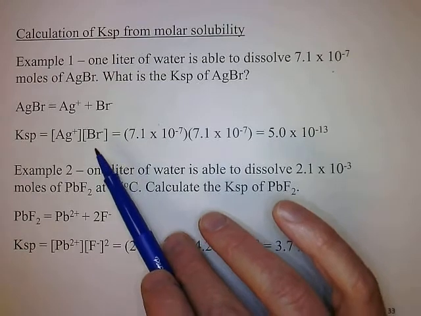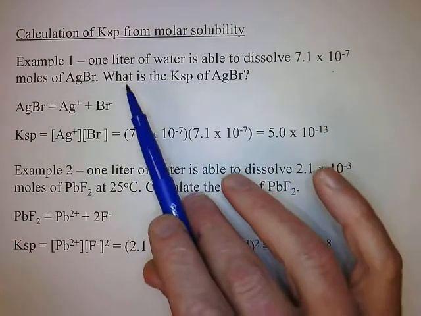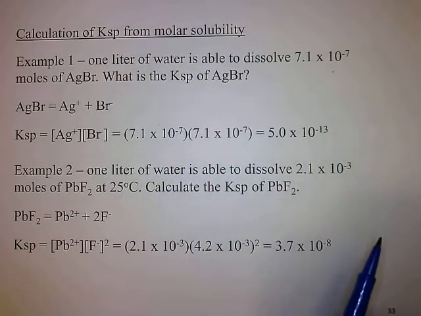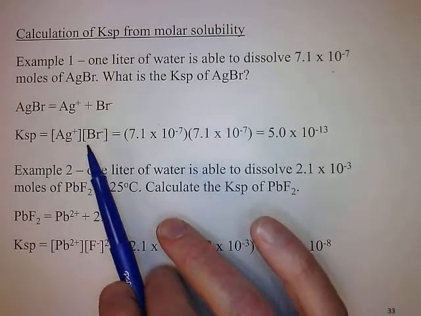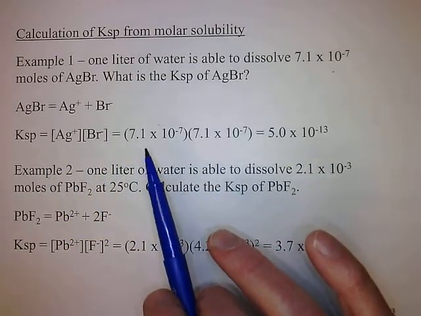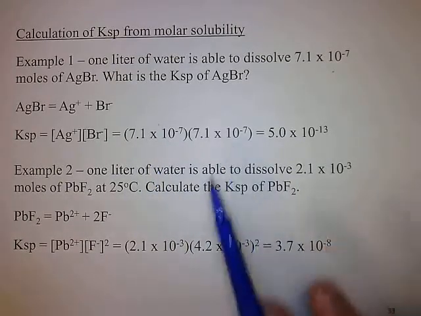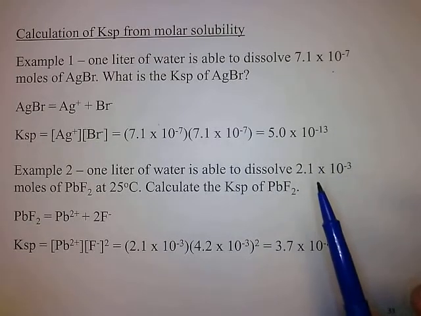How many moles of bromide do we have? 7.1 times 10 to the minus 7th. And like I said, the 1 liter of water makes it easy because the number of moles automatically becomes the molarity. So your Ksp is the product of the ions. So basically 7.1 times 10 to the minus 7th times 7.1 times 10 to the minus 7th. That's 5 times 10 to the minus 13th.